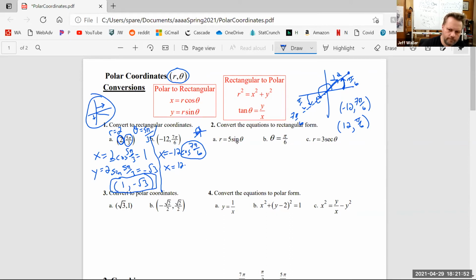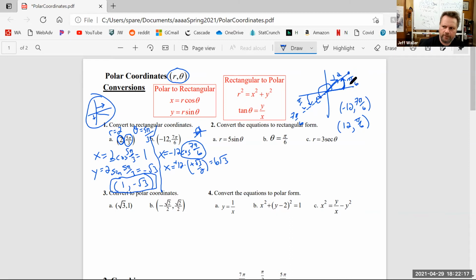Root 3 over 2. Yeah, let me make this really clear. So let me leave the negative there. Cosine of 7 pi over 6 is negative root 3 over 2. The negatives cancel. 2 goes into 12 6 times. I get 6 root 3. So that makes sense. 6 root 3 here.